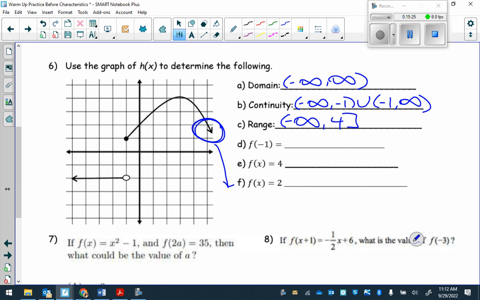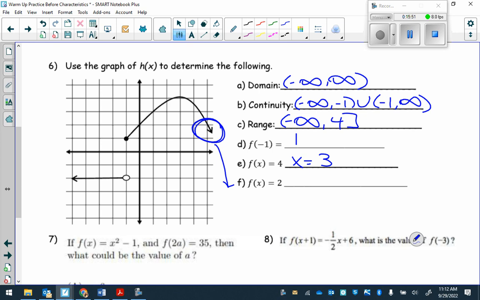All right. How about f of negative 1? Yeah, Jonah. 1. Good. F of x equals 4 would be, yeah, Anton. 3. Good. And then f of x equals 2. Yeah, Jason. 0.